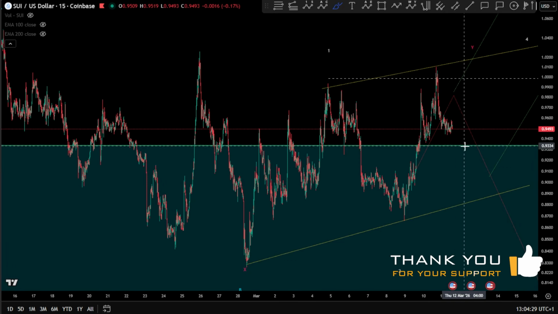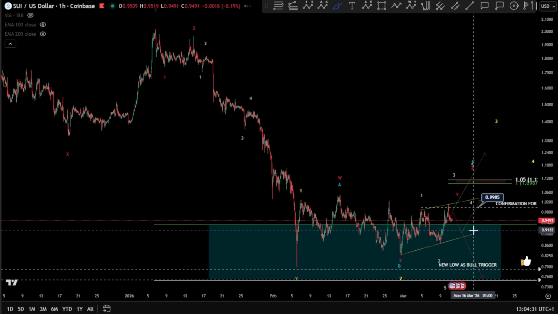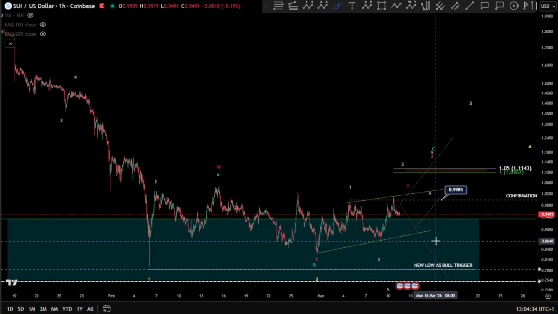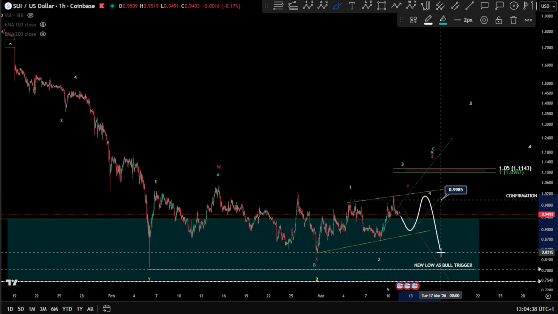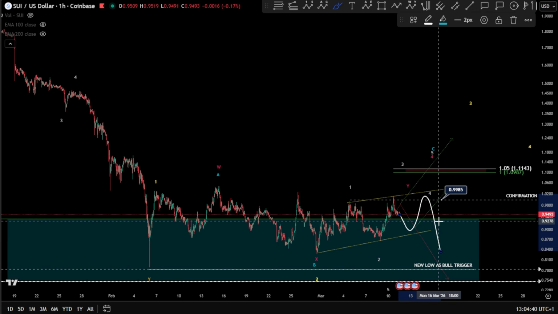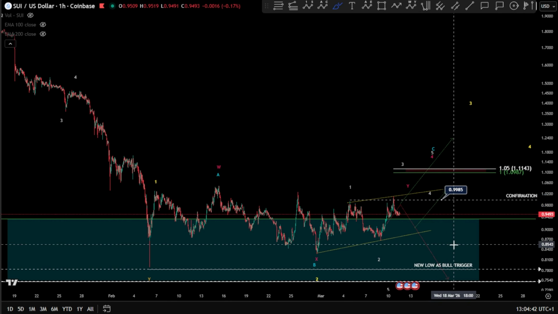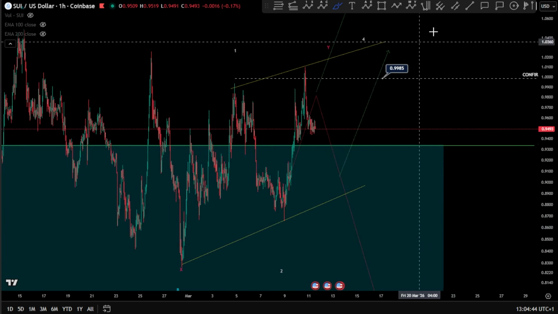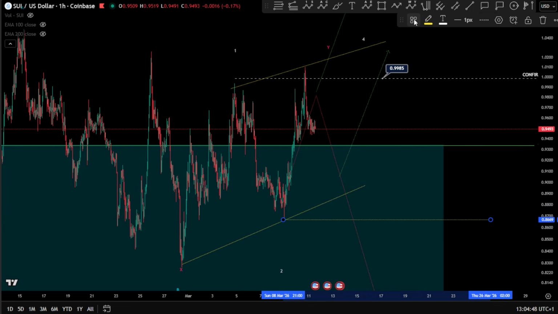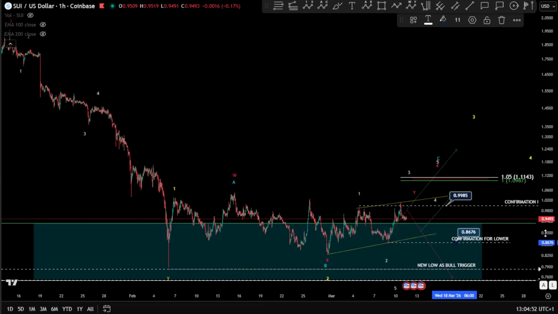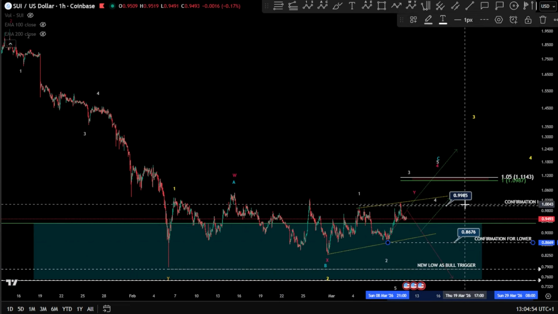It can happen, of course, once this correction is confirmed, done, and finished, then okay, we look for one more low. But we gotta be careful, it might still have one more high here before we push for lower. How do we make sure that we are bearish here and looking for one more low? Well, this is exactly our confirmation for lower prices, which is at $0.86 for SUI.